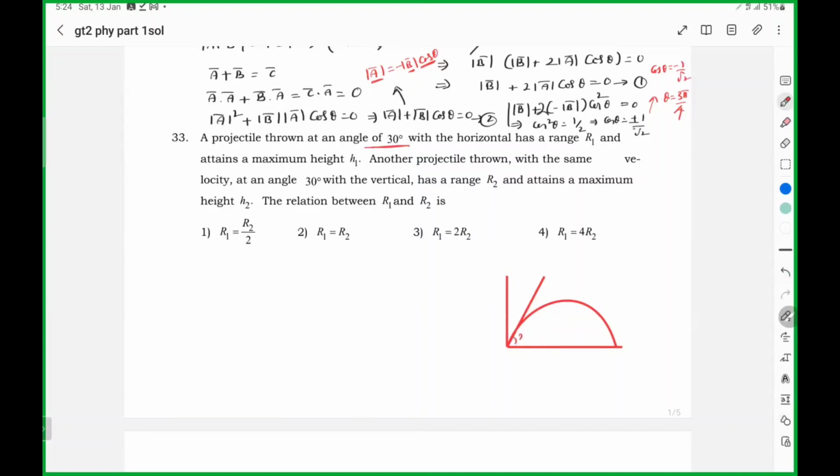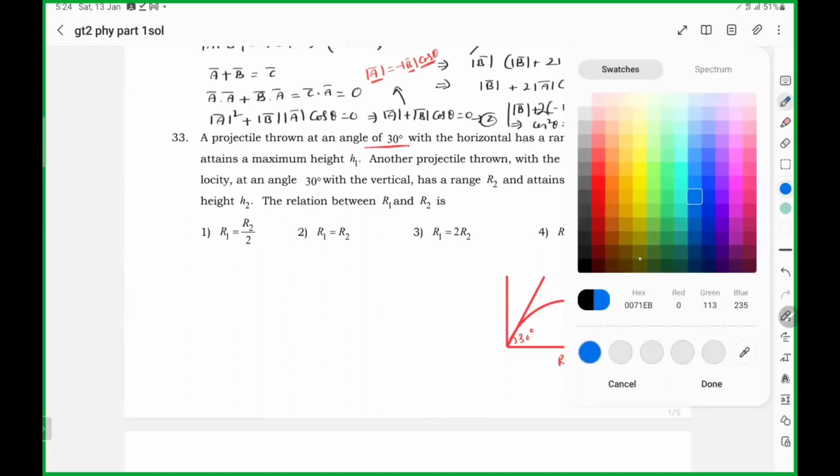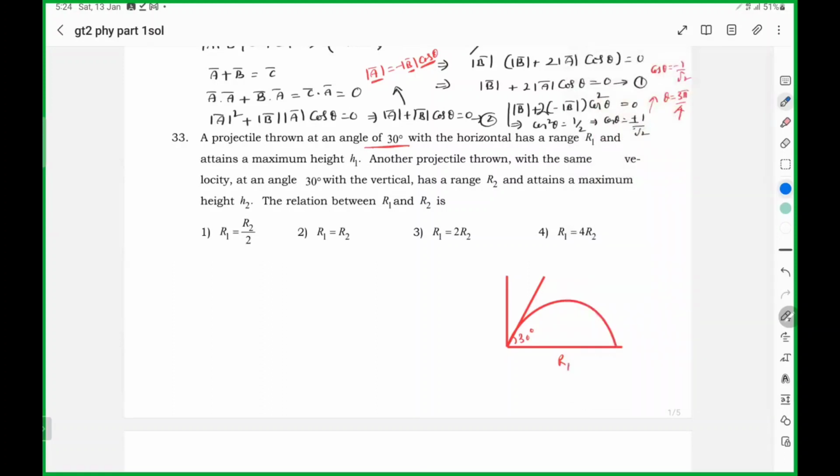Another is thrown with the same velocity at an angle of 30 degrees with the vertical. 30 with the vertical is the same as 60 degrees with the horizontal.